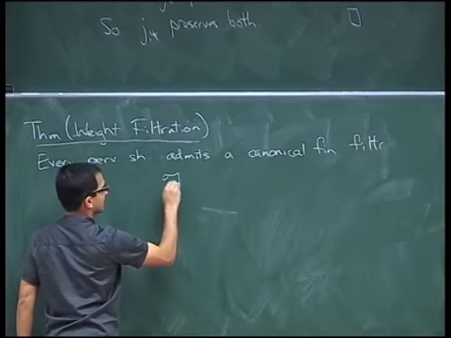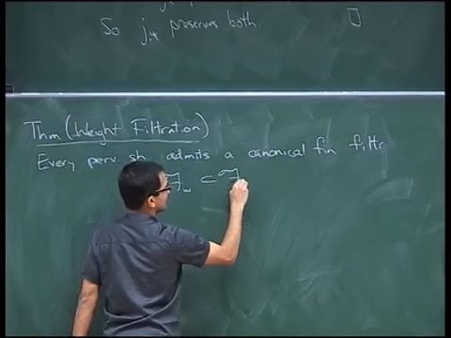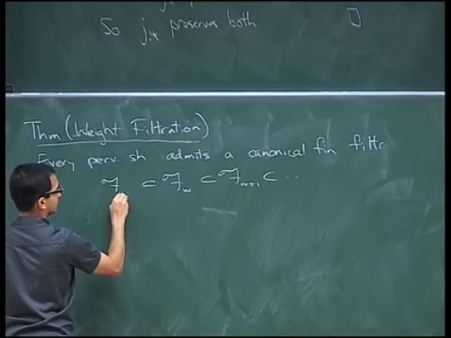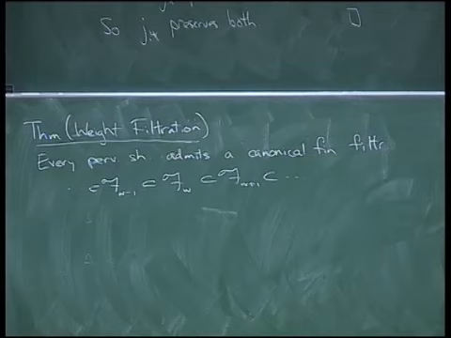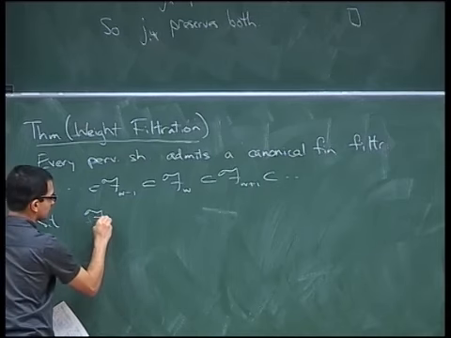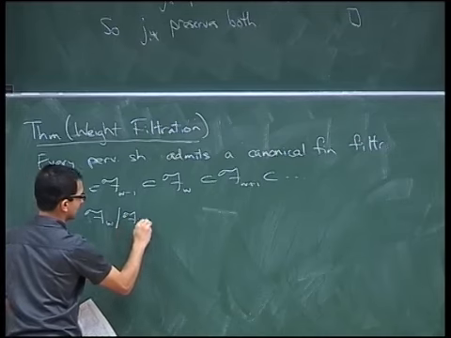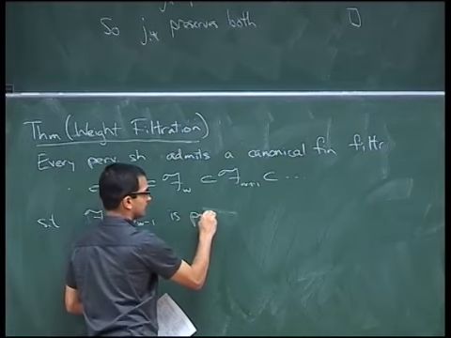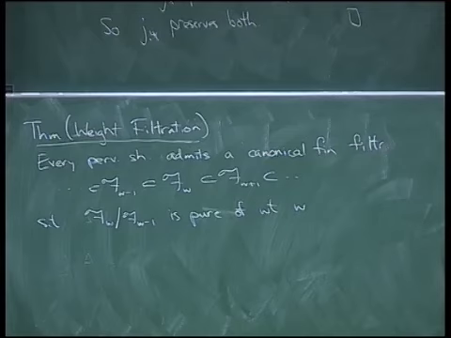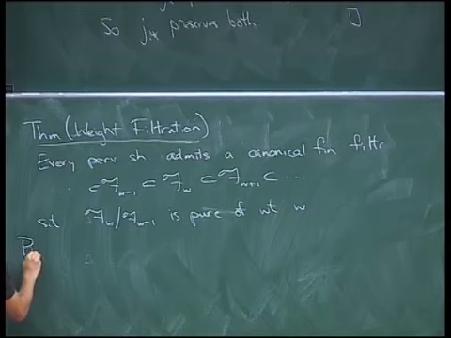So I'll write that something like F_W contained in F_{W+1}, F_{W-1}. So I want to allow the subscript to be whatever integer, but the sequence stops after finitely many steps in both directions, such that the subquotients of this filtration, so F_W mod F_{W-1}, is pure of weight W. And then I didn't end up adding any exercises to my webpage for today, so this will be the exercise.